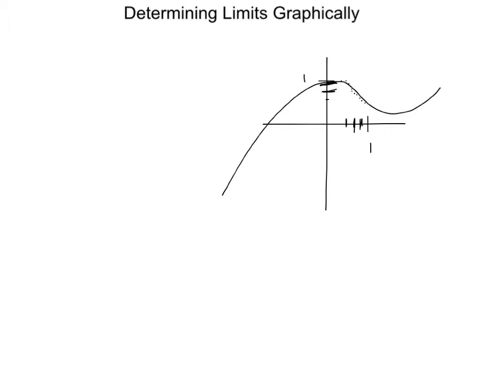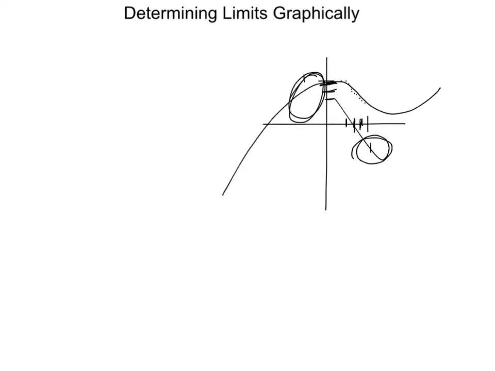When you plugged in this, you got back this. By looking at a graph, you are seeing infinitely many evaluations of the function all at once. So when we talk about determining a limit graphically, we're going to be looking at the graph and remembering this thing is recording when you input these x values, you get back these y values. And so we're going to be using that.